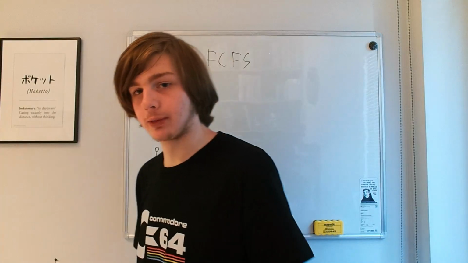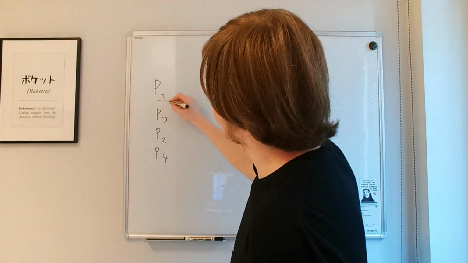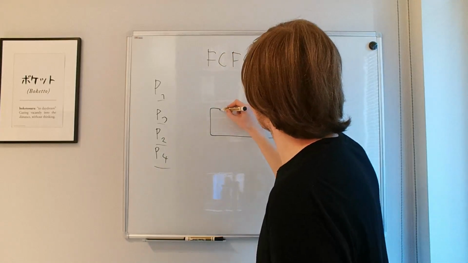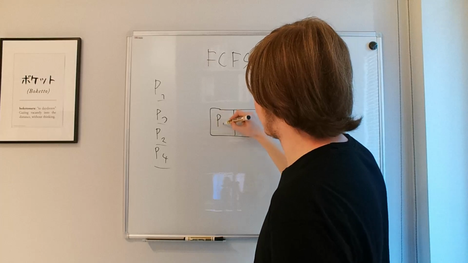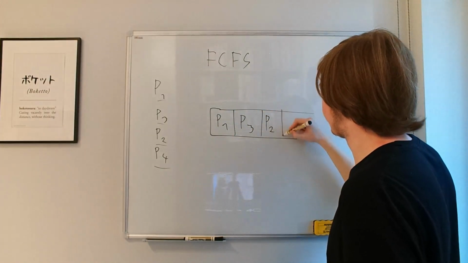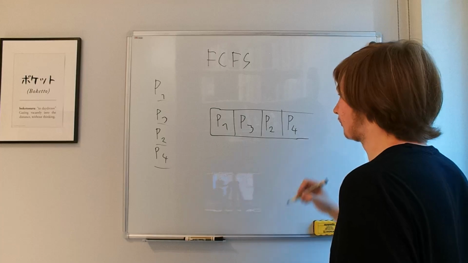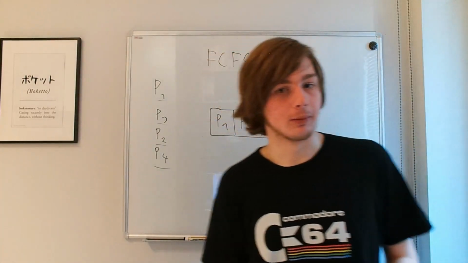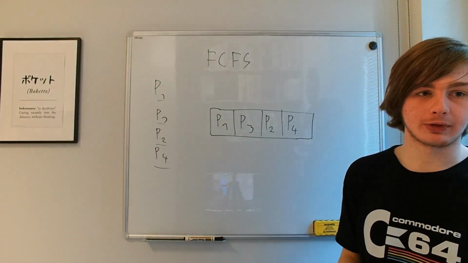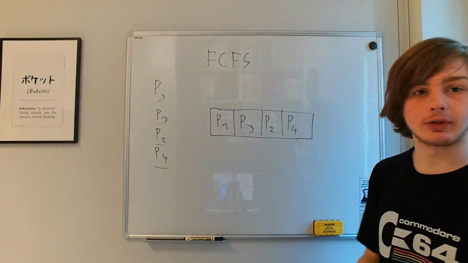It's exactly as the name suggests. We simply execute the processes in the order that they are given to us. So we would first execute P1, then P3, then P2, and at the end P4. So that's how first come, first serve works. I think that's relatively easy to understand.